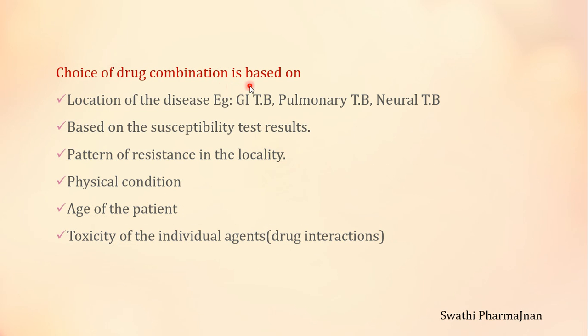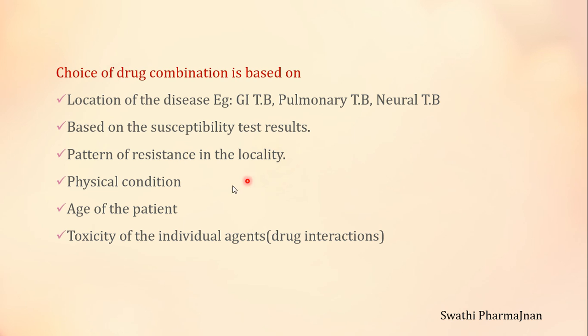Next, choice of drug combination. How we can choose the drug combination for combination therapy of tuberculosis is based on the location of the disease, whether in the gastrointestinal system, the pulmonary system, or the nervous system, neural TB. Then we select based on susceptibility test results, whether the patient can withstand the drug combination or not, and the pattern of resistance in the locality, in that particular part of the patient's body, whether the resistance is strong or not.